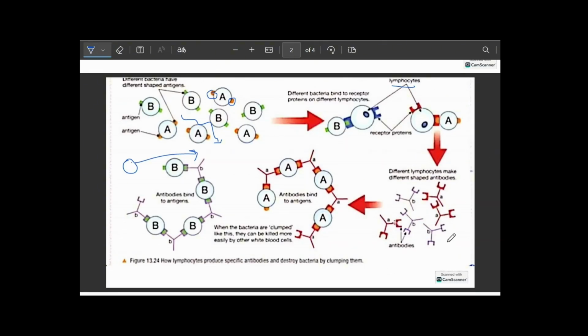As you can see, these are the antigens, and antibodies are produced according to the specific antigens. Once these antibodies have been produced, your body has a good source of defense against that disease-causing pathogen. So the next time the pathogen comes, your body is ready for the attack.